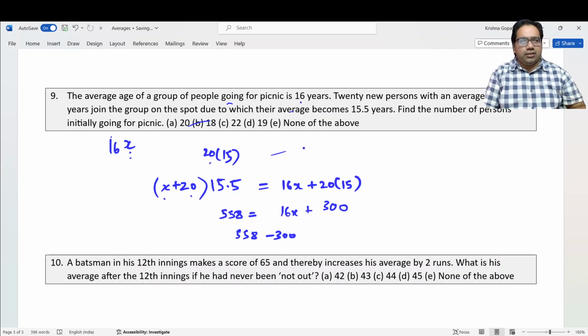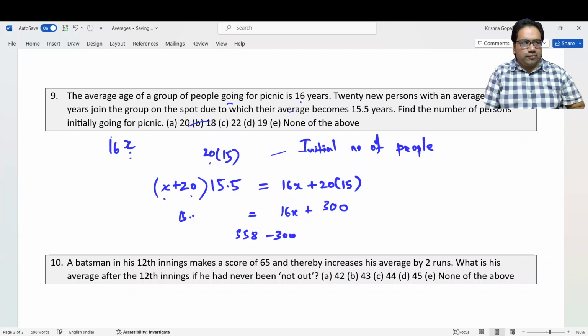Okay. Let the initial number of people be x. So x plus 20 is the total number of people. The total number of people into the average age, which has become 15.5, is equal to the first set of people, who have 16x, plus 300.